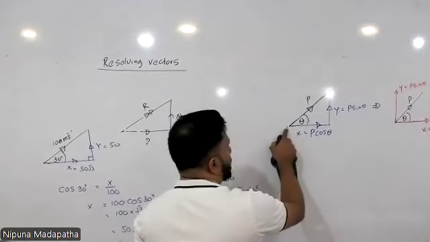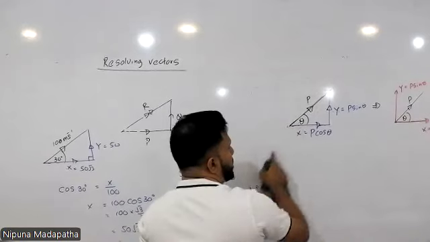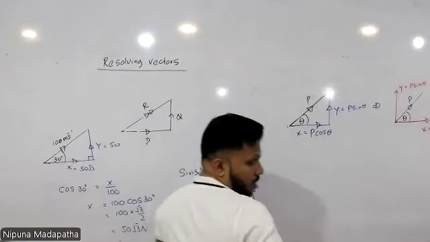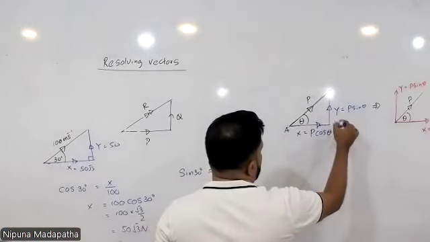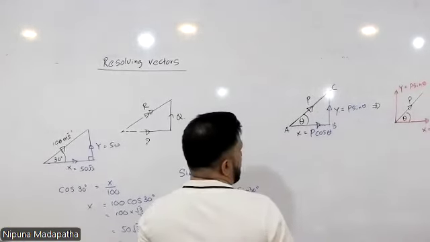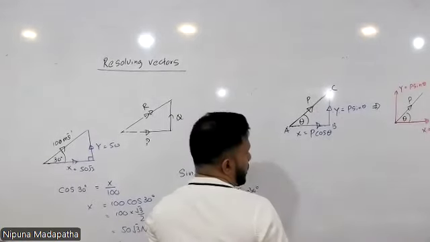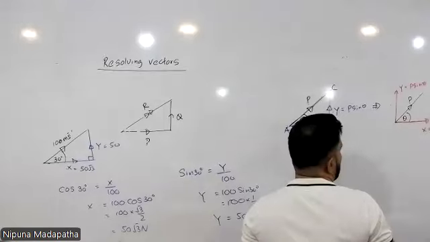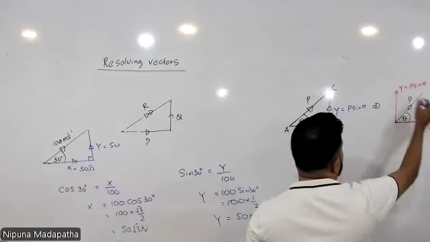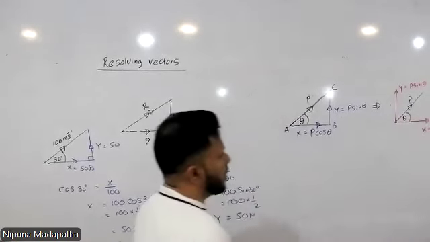Vector is P, angle is theta. So this side is given by P cosine theta. This is P sine theta. Same as these two, the x component is P cos theta and the y component is P sine theta.